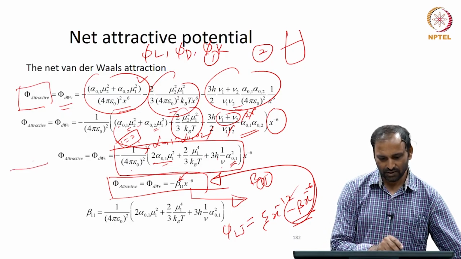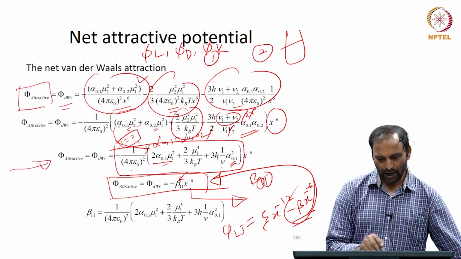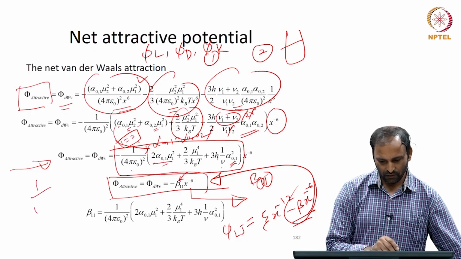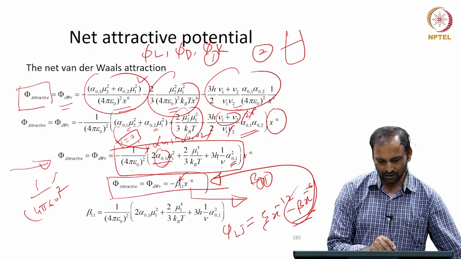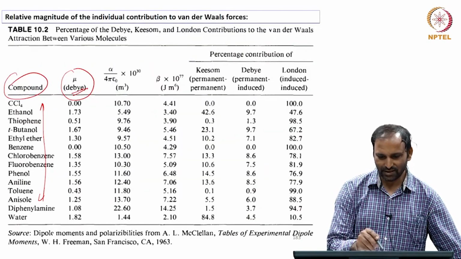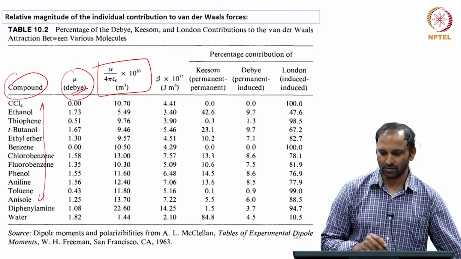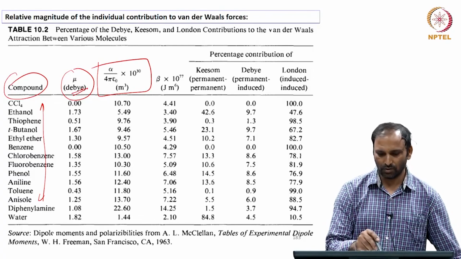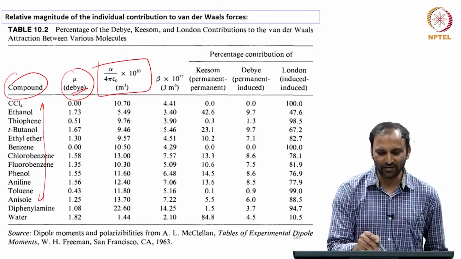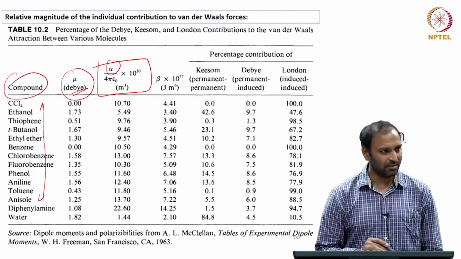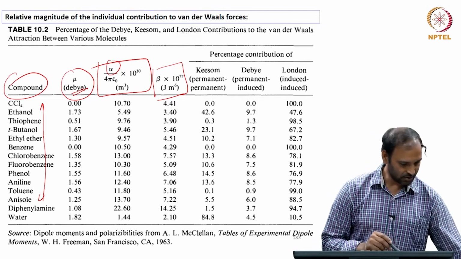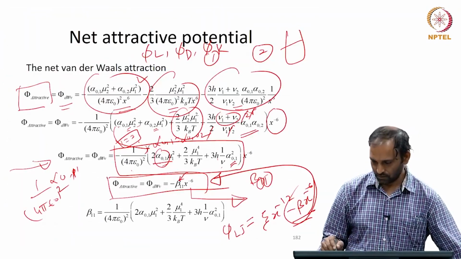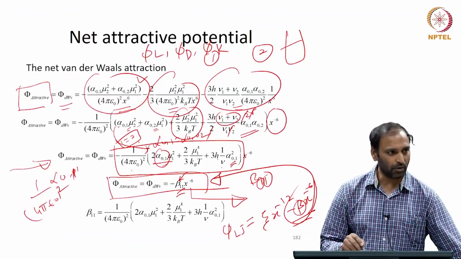If you look at this expression, you have 1 over 4 pi epsilon naught whole square and there is alpha 0 1. So basically this will give you alpha, the polarizability, and that is beta, this term, beta 1 1.